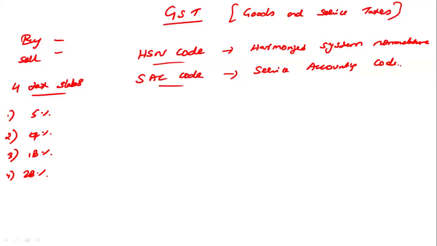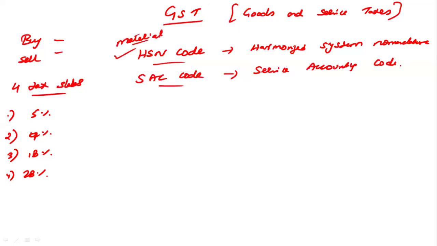The SAC code and HSN code are completely standard all over the world. For materials, we have the terminology called HSN code.